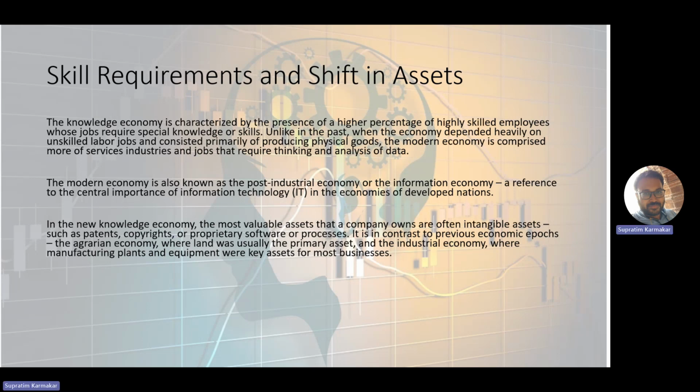As I told, it is a huge shift from the traditional economy of the primary sector or secondary sector. In the industrial economy, we used to see huge manufacturing plants, equipment, and machineries considered to be the assets.